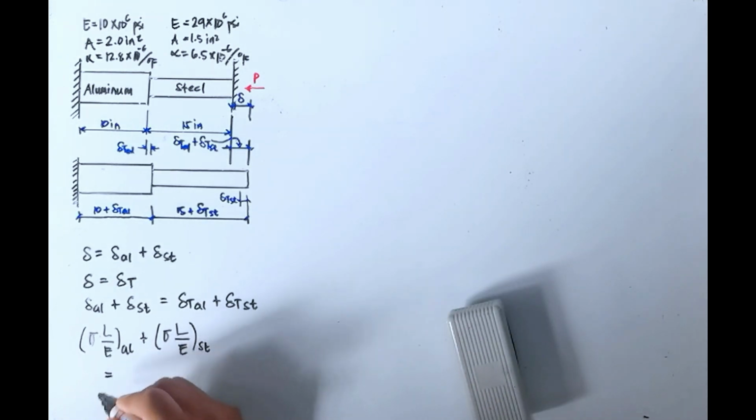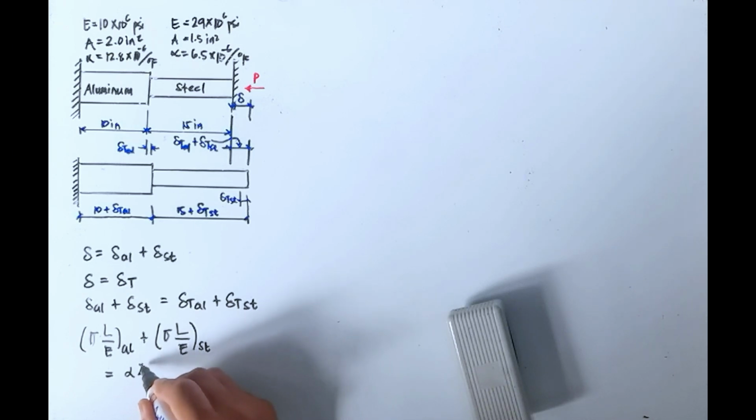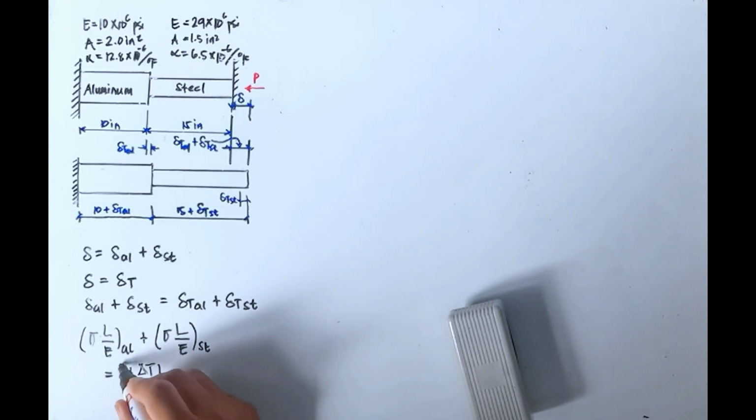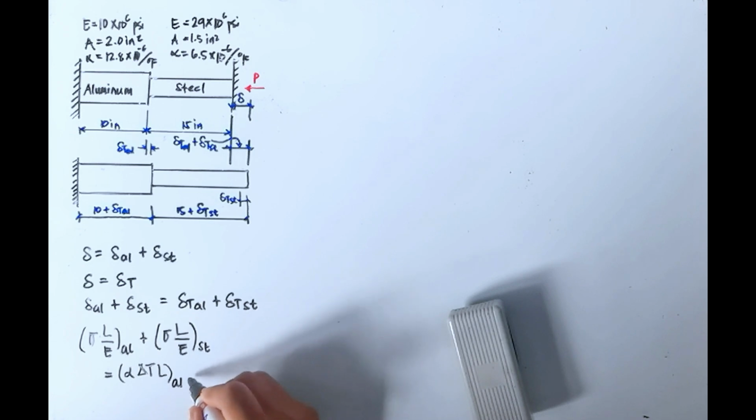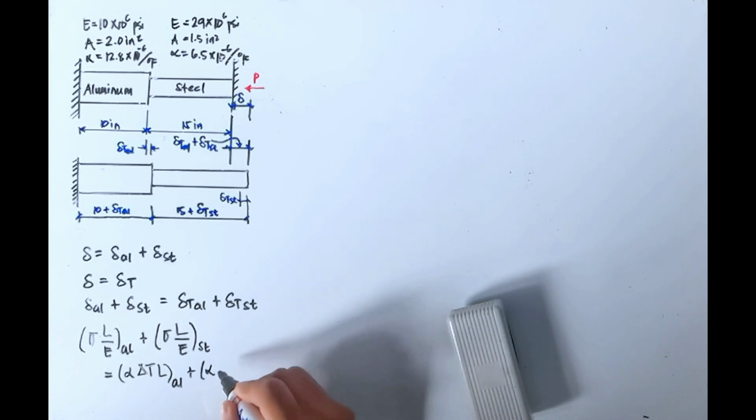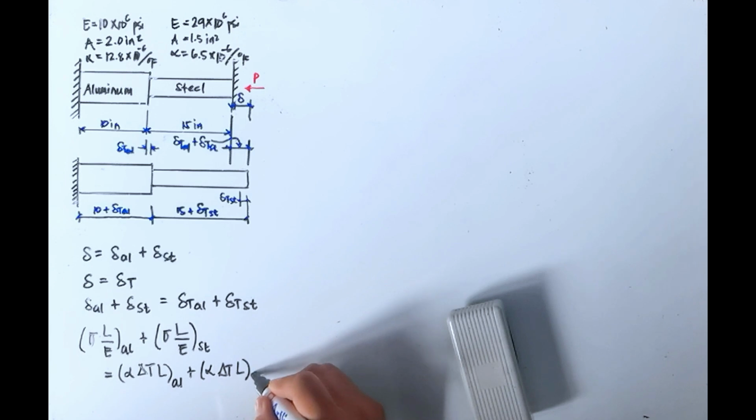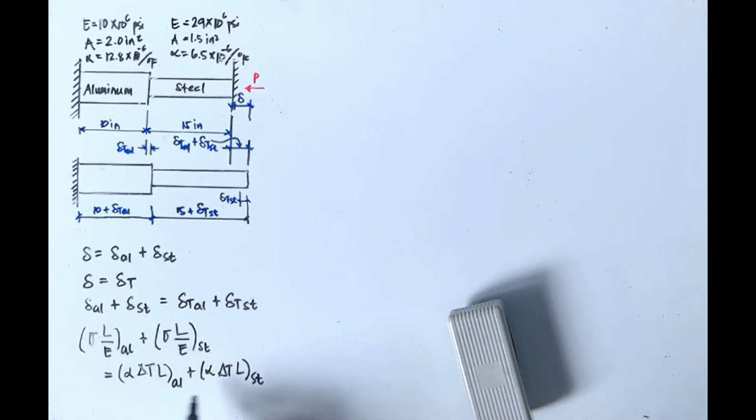This is equal to the thermal expansion of aluminum, which is alpha times the change in temperature times the length, plus alpha change in temperature times the length for steel. The change in temperature for both materials is the same, 100 degrees Fahrenheit.